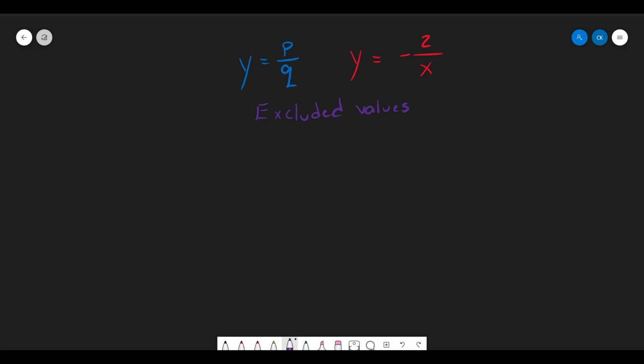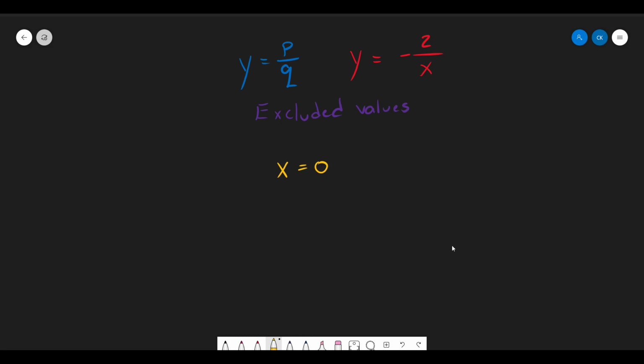And like we said, an excluded value is just something that within the function would not work, right? So in the example here, y equals negative 2 over x, what would my excluded value be? Well, all I do is I take the entire denominator, in this case my entire denominator is just x, I take that whole thing and I set it equal to 0, and then I would solve.